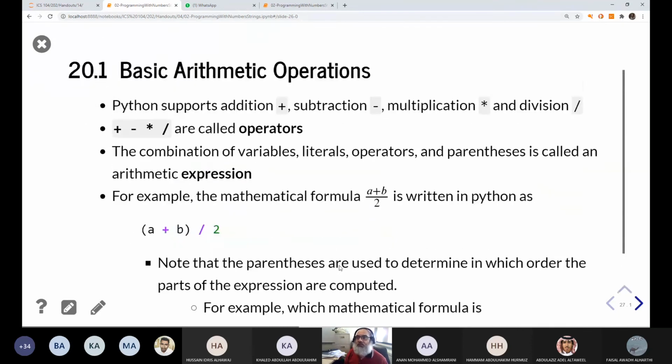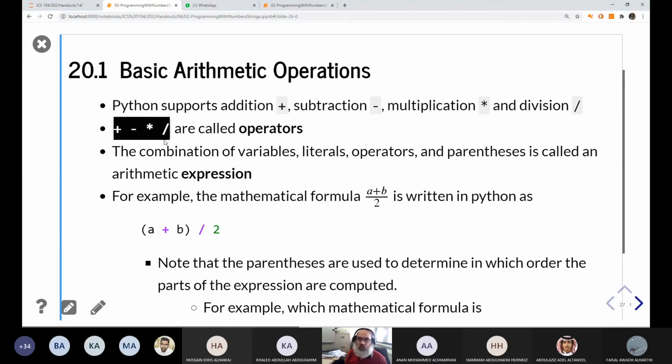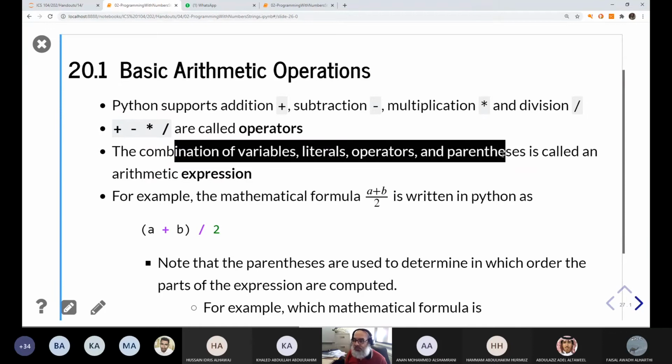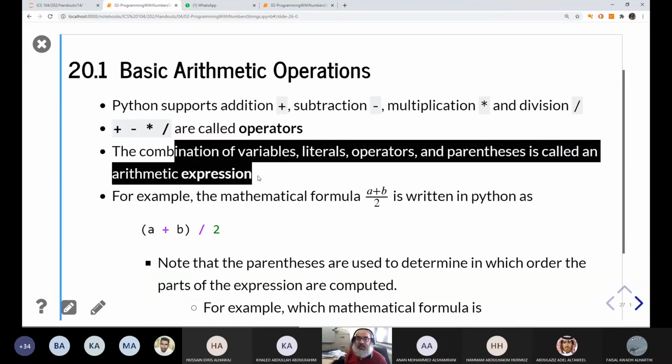Fine. Let's now start with arithmetic. Basic arithmetic operators are supported by Python: addition, subtraction, multiplication, and division. These are called operators. The combination of variables, literals, operators, and parentheses is called an arithmetic expression.